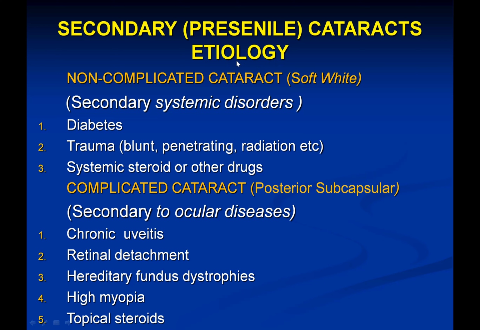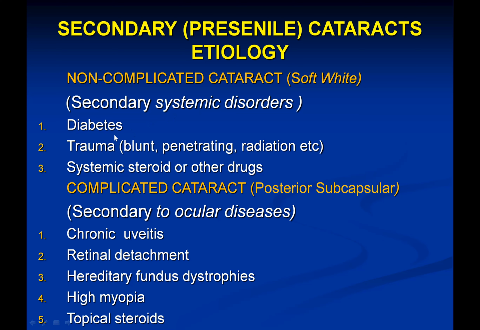On the basis of etiology, they can be considered as non-complicated cataract or complicated cataract. Non-complicated cataract क्या होती है कि once the cataract is secondary to some systemic disorders and not due to any ocular pathology, it is known as non-complicated pre-senile secondary cataract.